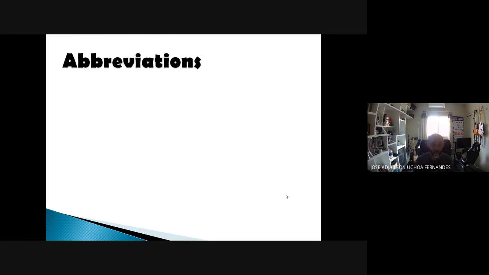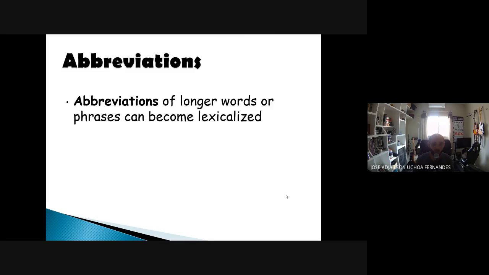Now it's time to discuss abbreviations. In fact, I have told you abbreviations take longer words or phrases, and these reductions become lexicalized. They become words that we use in our daily language, like fax for facsimile.